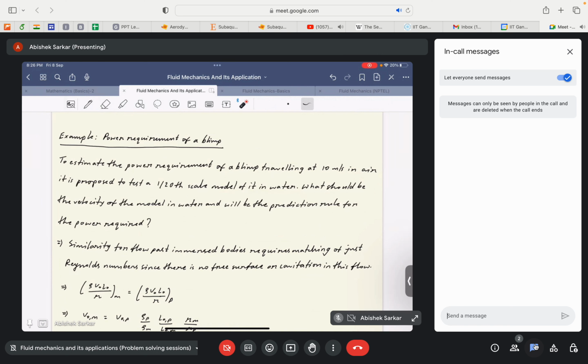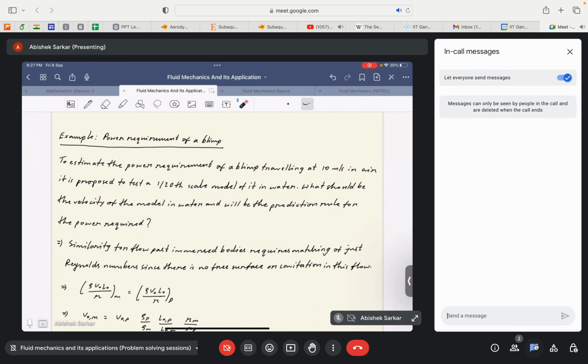You'll see when you read more that there are various instances where the actual prototype travels in air, but the experiments on a scaled down model are actually done in water.